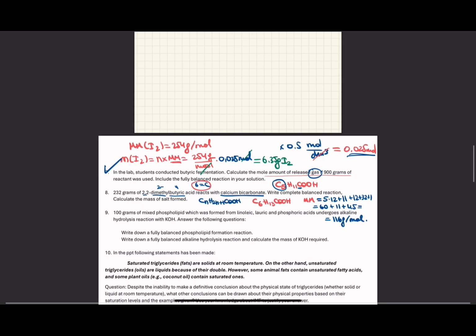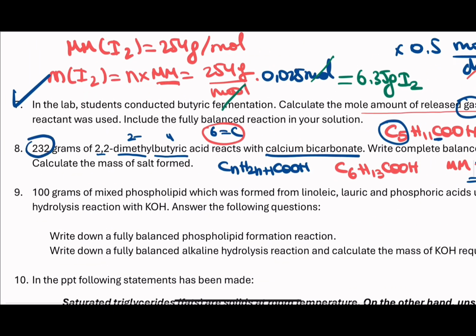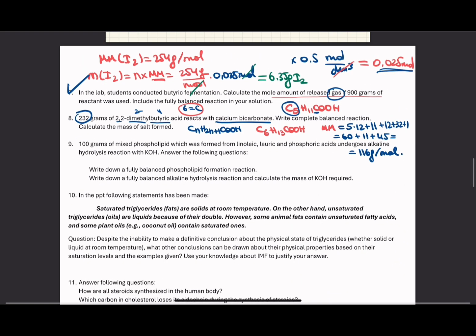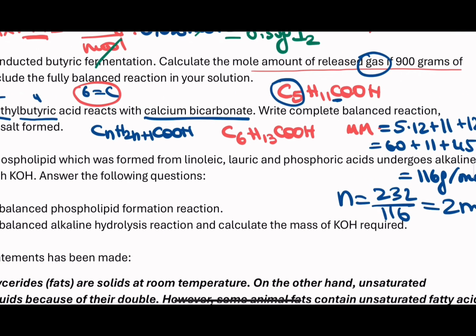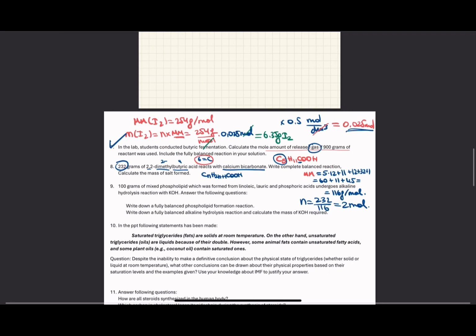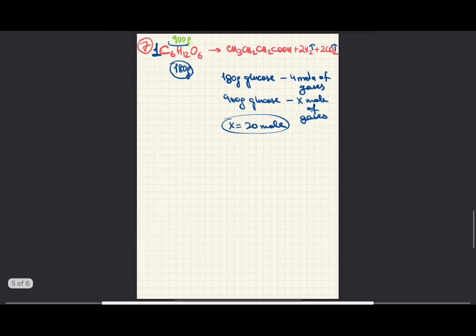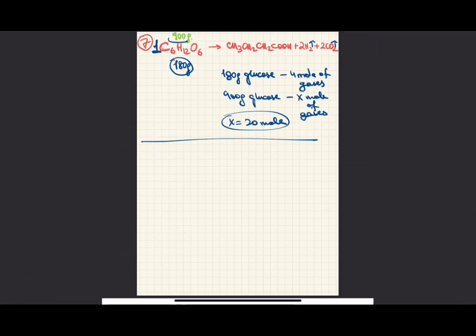Okay, now you're given 232 grams of that. That means 232 divided by 116, it would be 2 moles. Now all this calculation was there for us to find out the molar mass. We could have done it by just drawing the structure too, which is what I'm going to do here. So this is question 8.